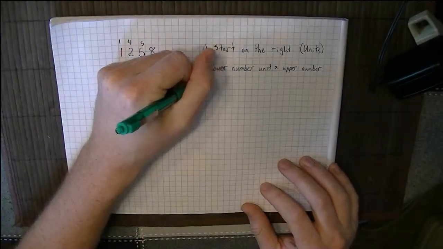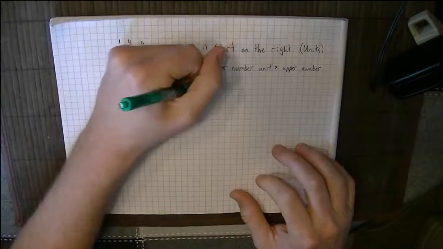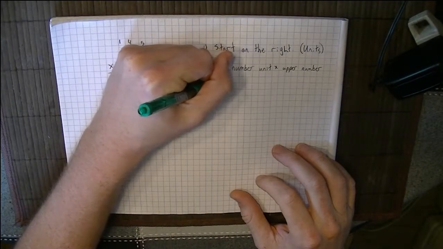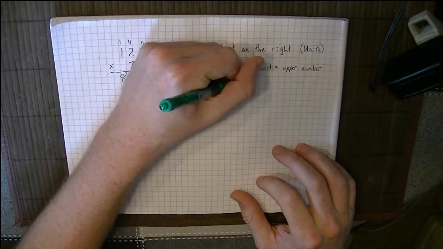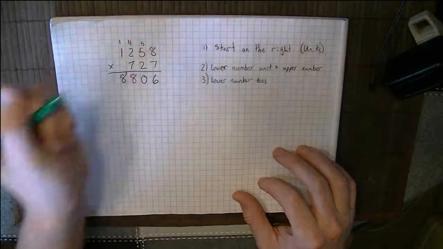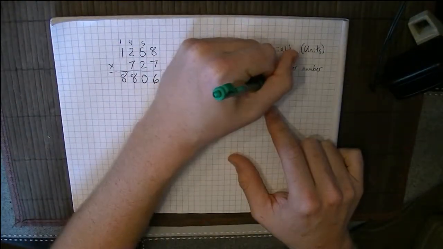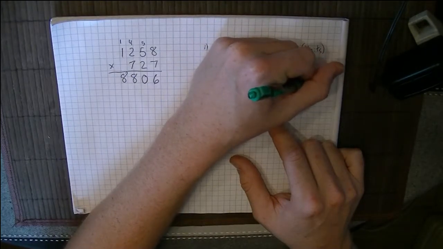So now step 3 is just going to be pretty much the same step, but the lower number tens space times the upper number.